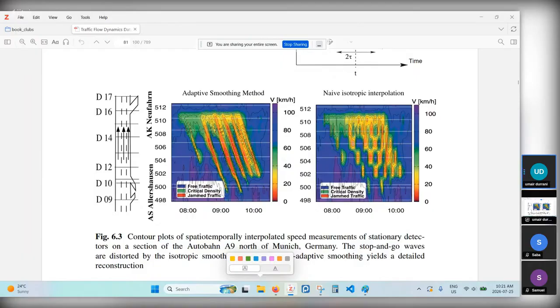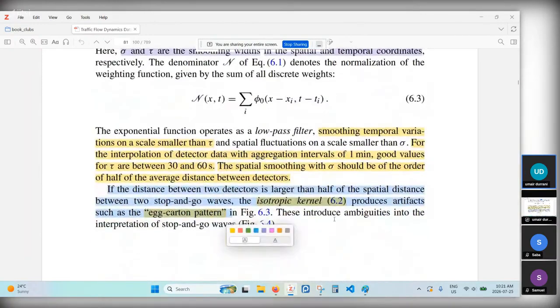At exactly the detectors, it's going to give the highest weight, sigma, sorry, not sigma, phi naught, and it's going to create these patches or egg carton shaped blotches on this speed plot. So that's the limitation of the isotropic kernel if the distance between two detectors is larger than half of the spatial distance between two stop and go waves.